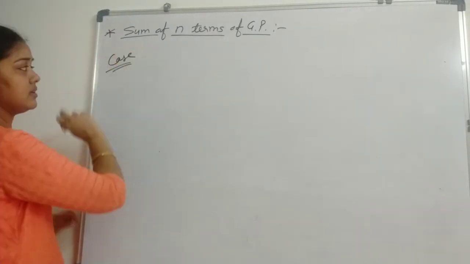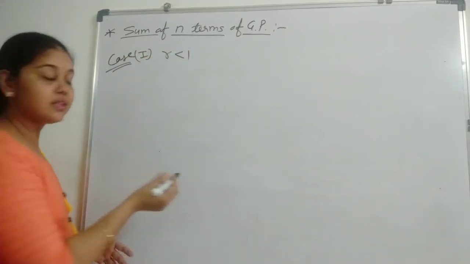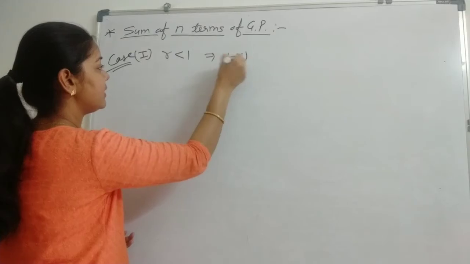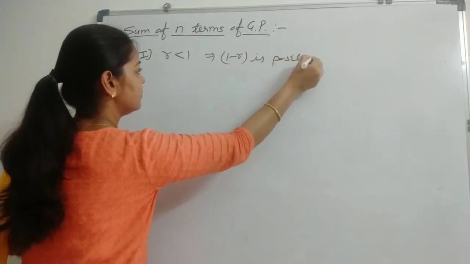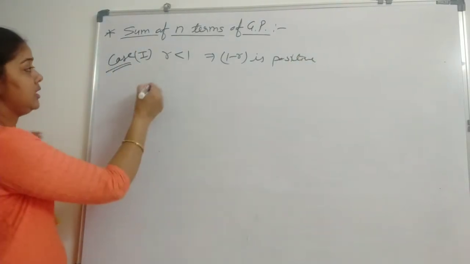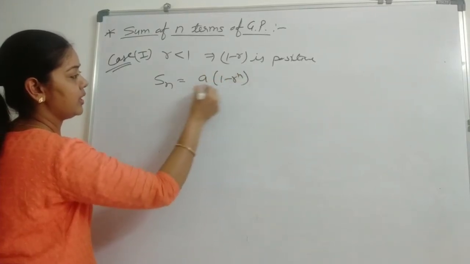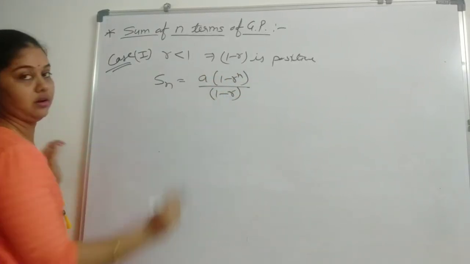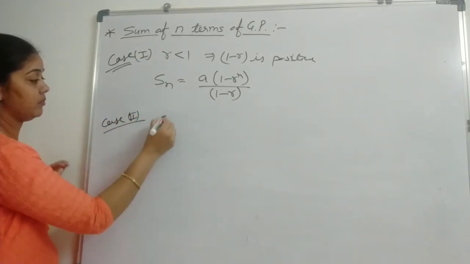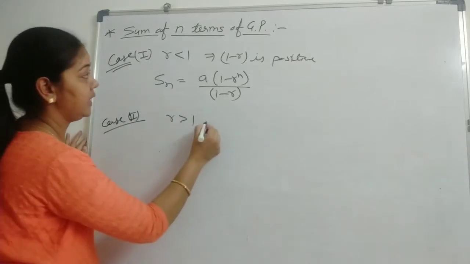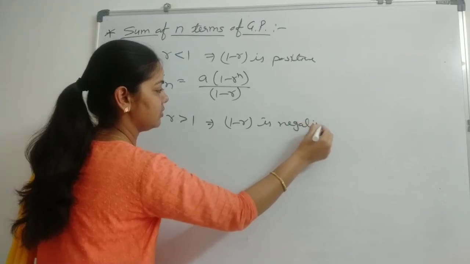Here we have two cases. Case first, when r is less than 1. When r is less than 1, it means 1 minus r is positive. Then I can write Sn will be equal to a (1 minus r raised to power n) upon 1 minus r. And if r is greater than 1, it means 1 minus r is negative.